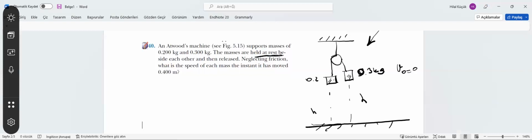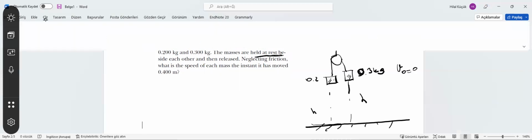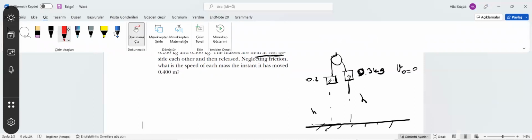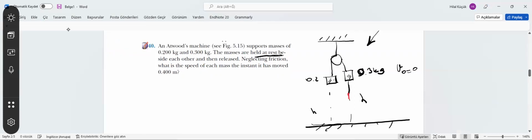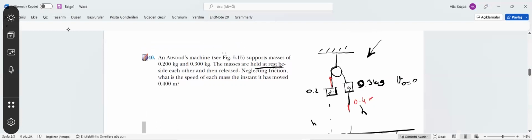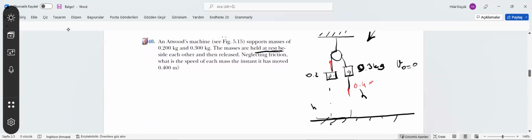This is an Atwood machine. So they are attached to each other, so their movement and velocity must be the same. If this part moves, I need to show it with a different color. If this part moves down 0.4 meter, of course, this one must go up 0.4.